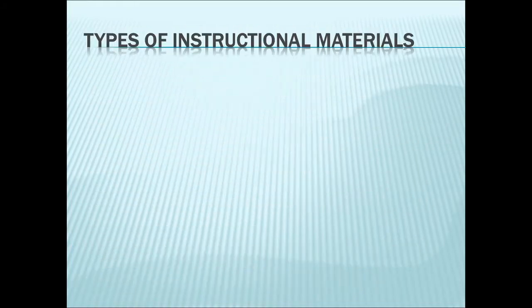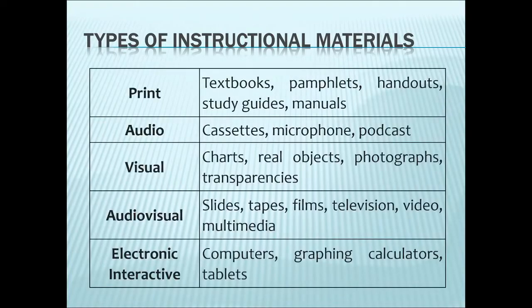Okay? Next, what are the types of instructional materials? These are the different types. When you say print, you have textbooks, pamphlets, handouts, study guides, manuals. And you are all familiar with this because we have been using this all the time. Audio, like the cassettes, the microphone, the podcast, those are audio.